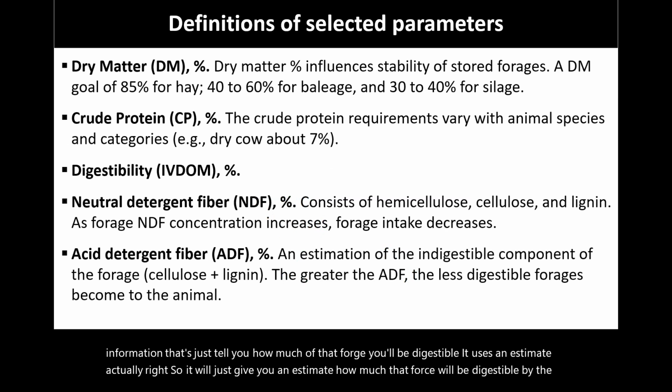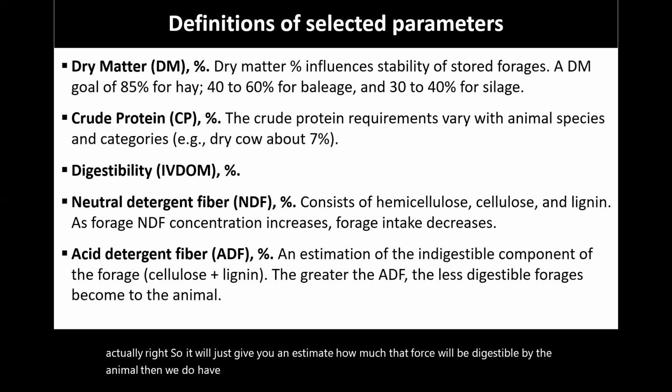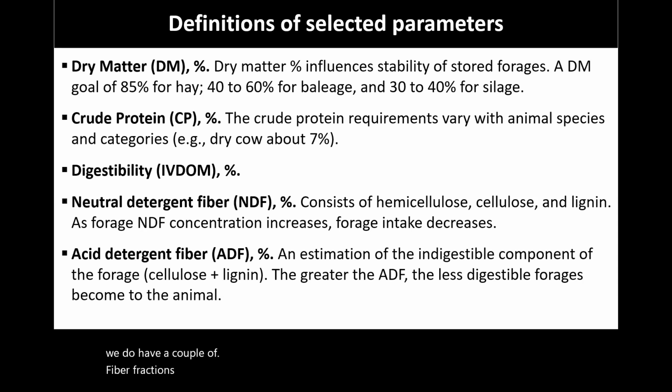Then we do have a couple of fiber fractions that will be included as estimates in the report as well. One will be for the larger portion of the fiber fraction, which will include several compounds.